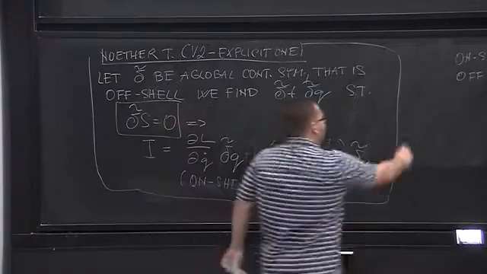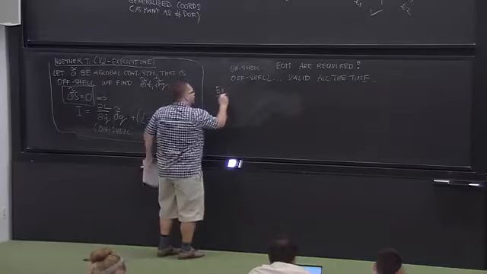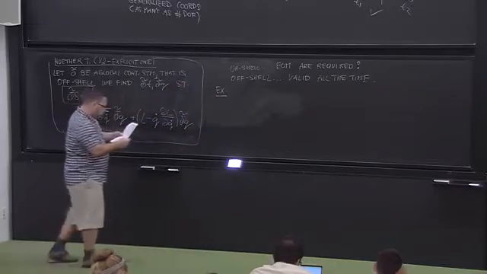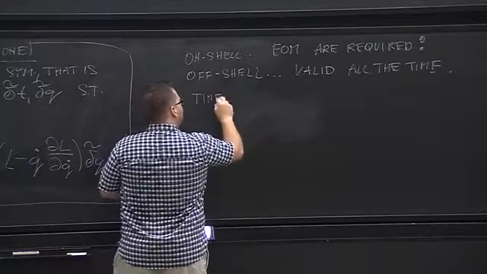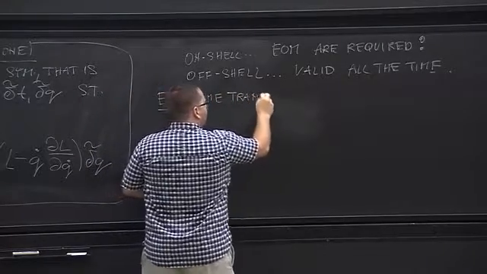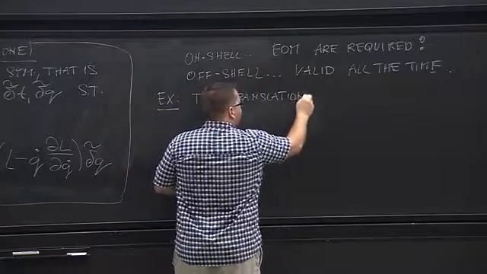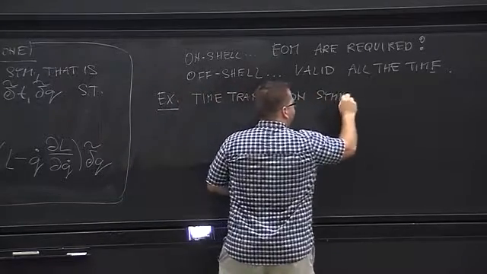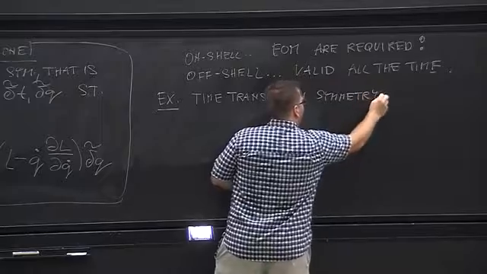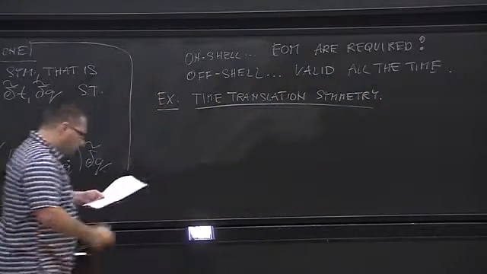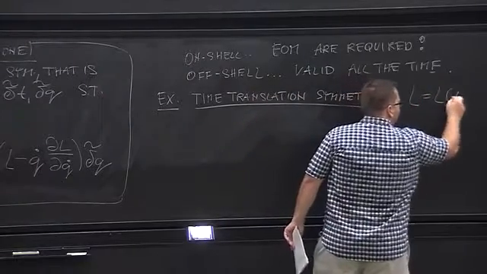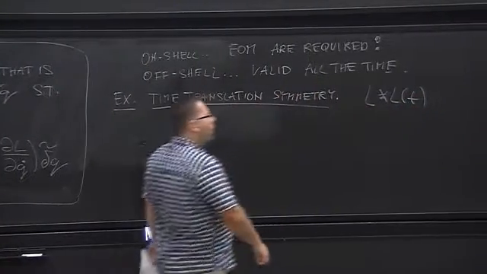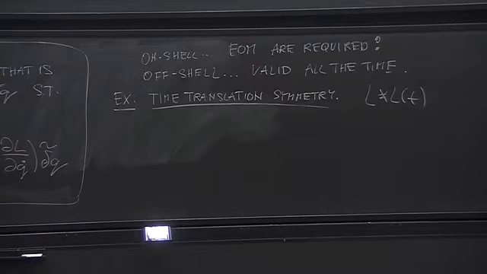Okay, so example. Let me consider time translation symmetry. What I mean by that is that, at the level of the action, but in the simplest way, your Lagrangian does not depend on time explicitly.